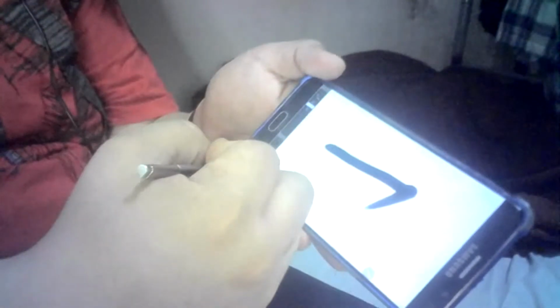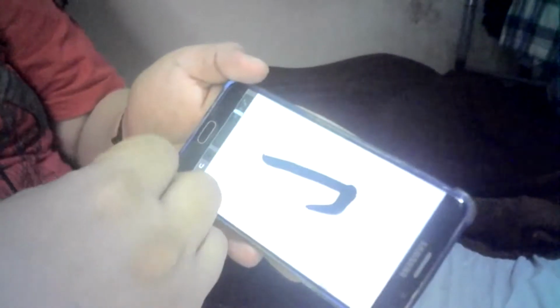Sige, how to write the hengou. It's just a horizontal line like this one, then you put a hook there. Ulitin natin. Horizontal line, then I put a hook there.